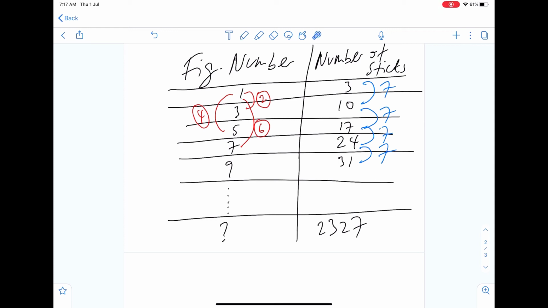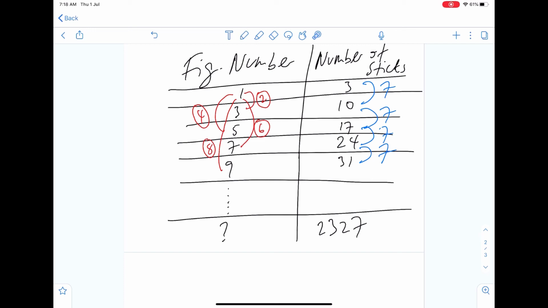So as you can see, the jump in the figure number depends on how many times you are adding the 7. If you're adding once, you plus 2. If you're adding twice, you plus 4. If you're adding 3 times, you plus 6. And if you are adding 4 times, then you are adding 8 figure numbers.